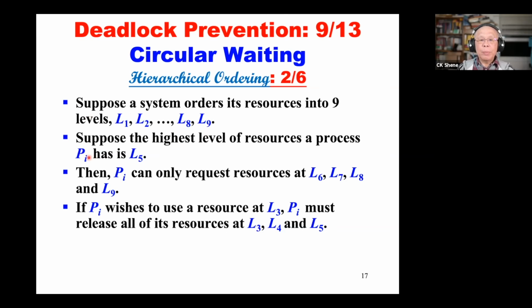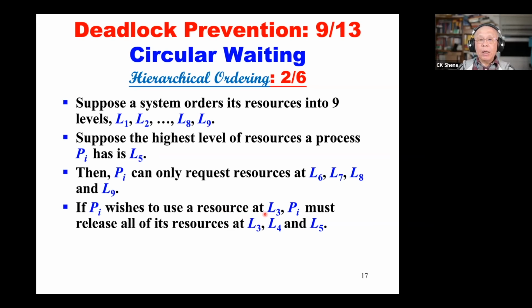Now, suppose a system orders its resources into 9 levels: L1, L2, up to L8 and L9. Suppose process Pi has some resources, and the highest one is at level 5, that's L5. Then Pi can only request resources at a higher level, that is level 6, level 7, level 8, and level 9. What if Pi wishes to use a resource at level 3?